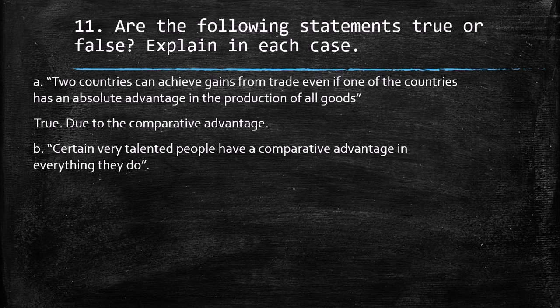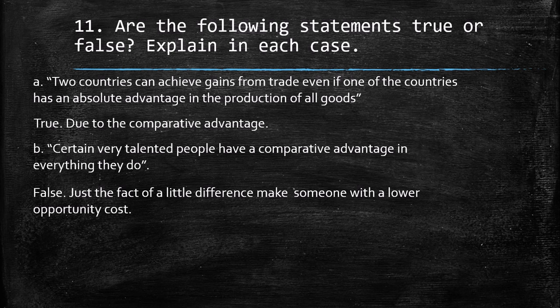B. Certain very talented people have a comparative advantage in everything they do. This is false, because even if people have great talent in different activities, once they compare one activity with another, they will find that there are other people with a lower opportunity cost.